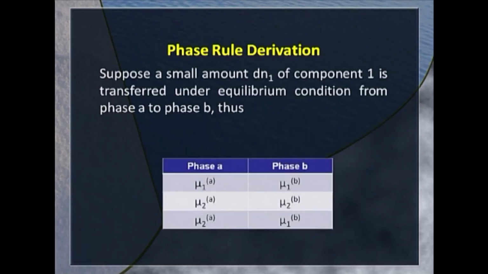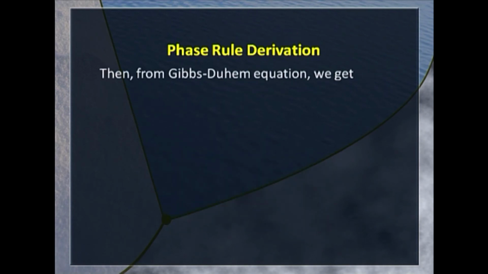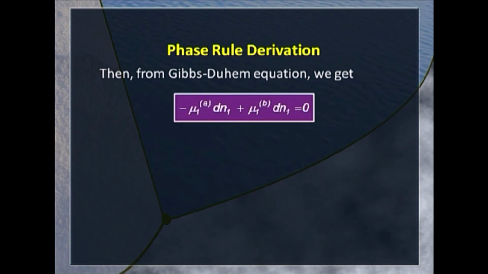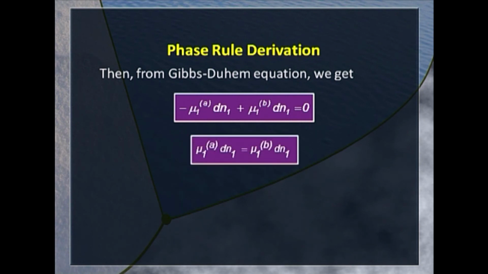Let us now transfer a small amount of component 1, that is dn1, under equilibrium conditions from phase A to phase B, and apply the equation to this, which gives us minus mu 1A dn1 plus mu 1B dn1 is equal to 0, which tells us mu 1A dn1 is equal to mu 1B dn1. In other words, what we get is mu 1A is equal to mu 1B.